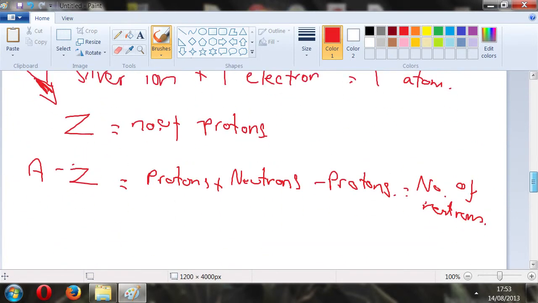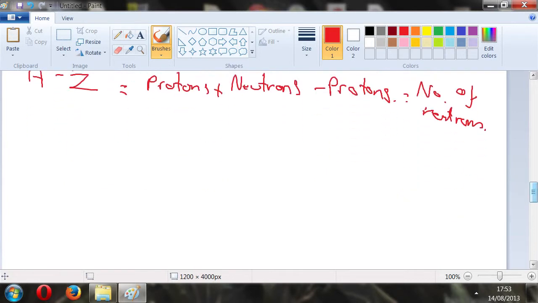The atomic number is Z, but you would think the atomic number would be A. That's not the case, because the atomic number is actually Z, and like I mentioned, it is the number of protons, or as I'm about to state now, the number of electrons in a neutral atom.